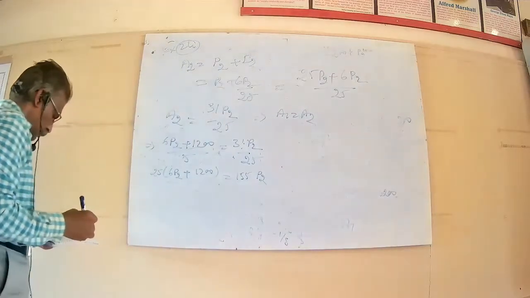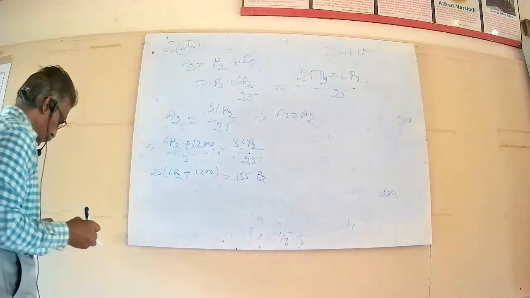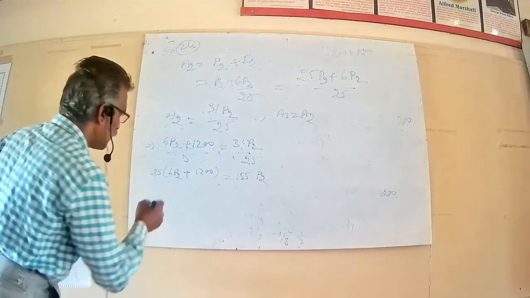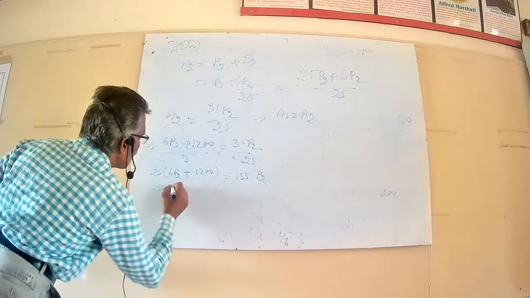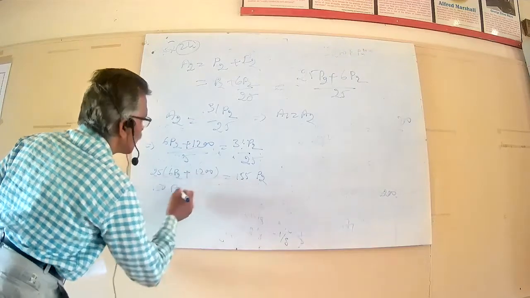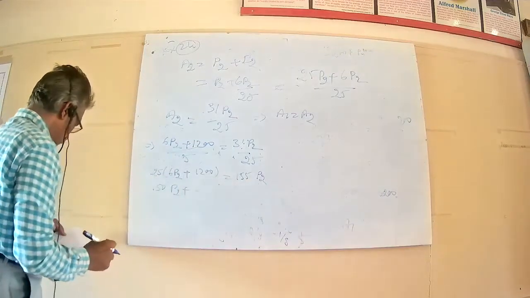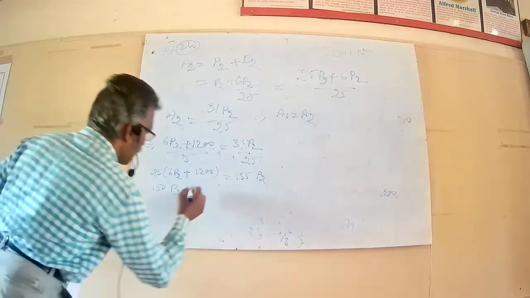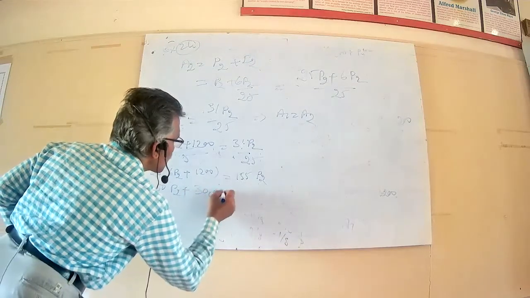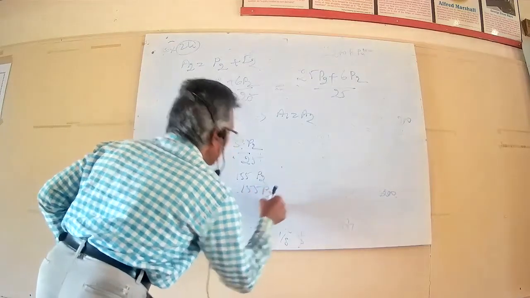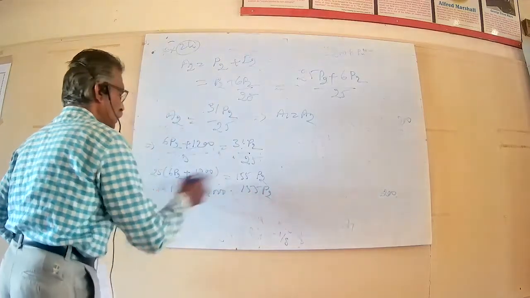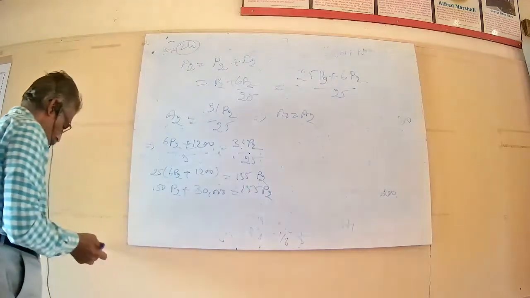If you simplify, 150 P2 plus 25 into 12 is 30,000, equal to 155 P2. So 155 minus 150 gives you 5 P2.